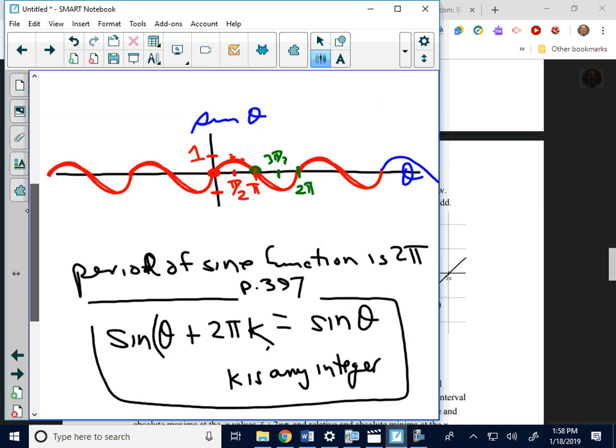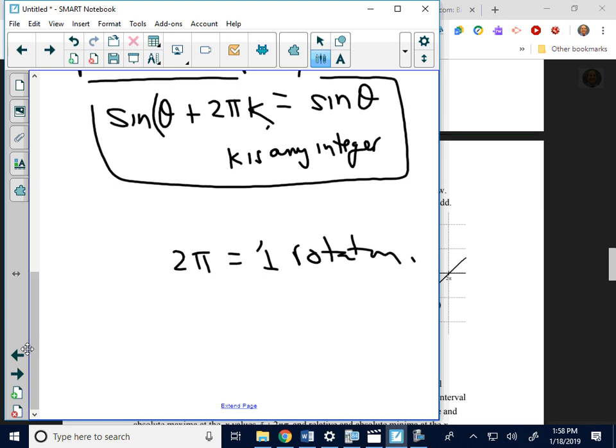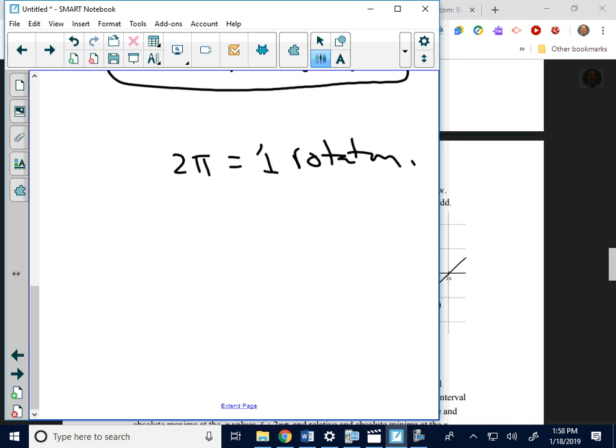What else do we need? Oh, there were some problems in your book exercise set. Let's look at those just for a second. One of the problems I'm going to assign is number 19. It says find the cosine of 33 pi over 4, and you have no calculator.